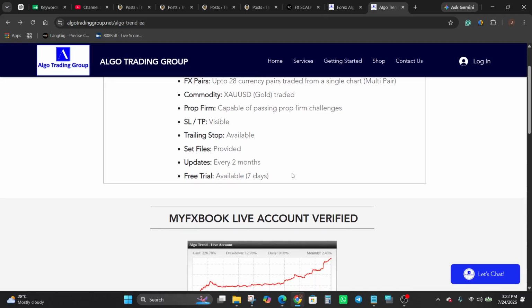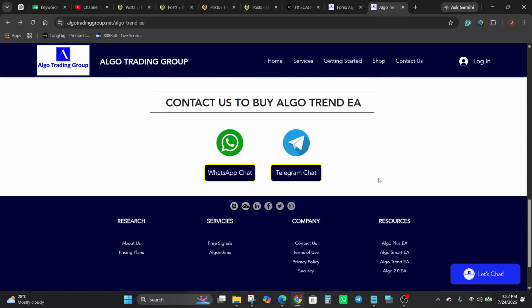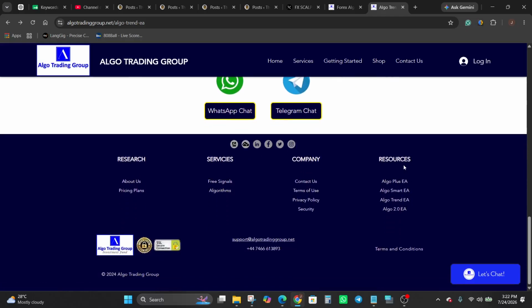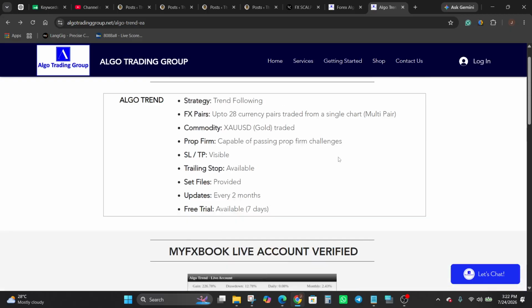They also provide preset set files, issue software updates every 2 months, and offer a 7-day free trial so that traders can evaluate it in a demo environment first.